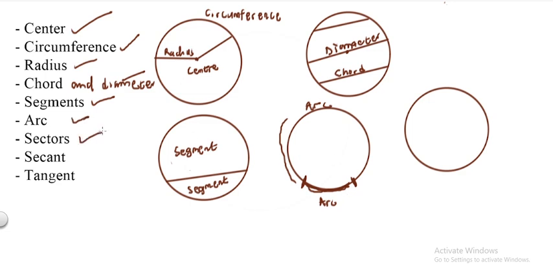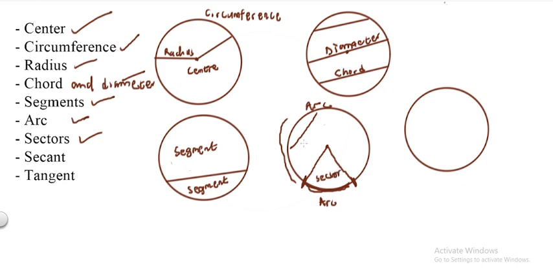Next up, sectors. Sectors are also a portion of the circle, but instead of circumference, it's more like a portion of the area of the circle. Notice that this entirety of inside here is the area of a circle. So if I cut a portion of this out, this part is called a sector.